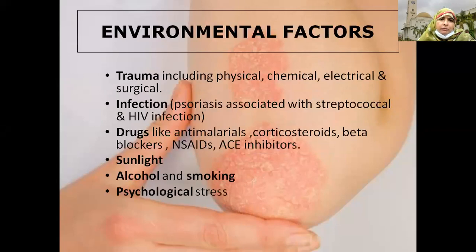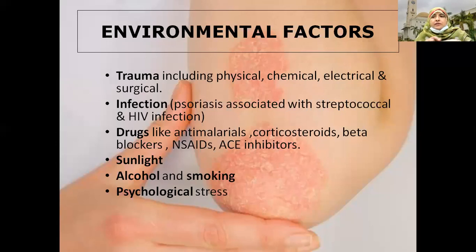Now, what are the environmental factors? First and foremost is trauma, any kind of trauma like surgical, chemical, physical, or electrical. And one very interesting phenomenon is present in this disease, which is also present in a few other diseases, that is known as the isomorphic phenomenon or the Koebner's phenomenon, in which psoriasis can occur at places of trauma.